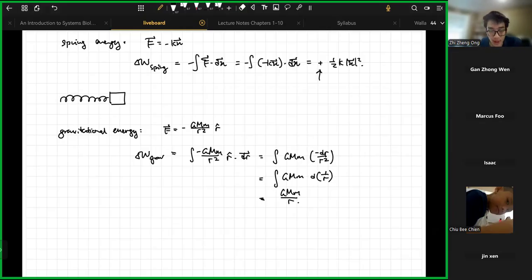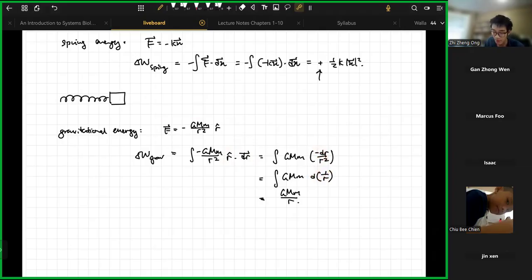I went non-verbal and did all the math, but let me explain what I did. Newton once said that was his force for gravity, and if you put it into the expression for work, you get a dot product with the radial displacement. By definition gravity is a radial force, so it dot products with this and gives you dr. So negative dr over r squared you can write as a change in 1 over r.